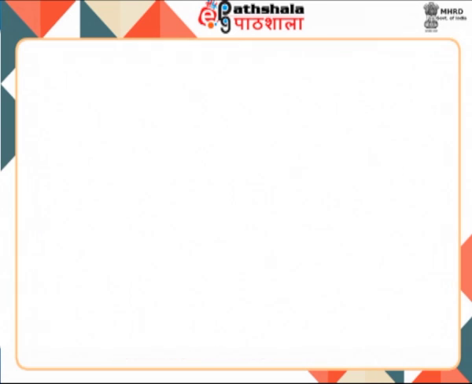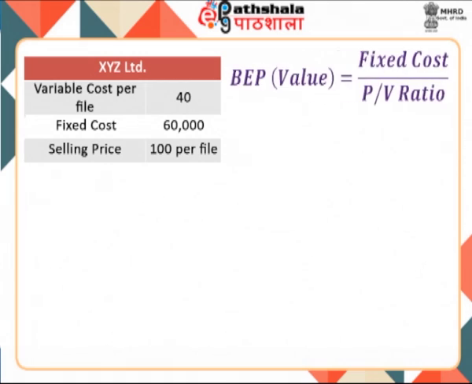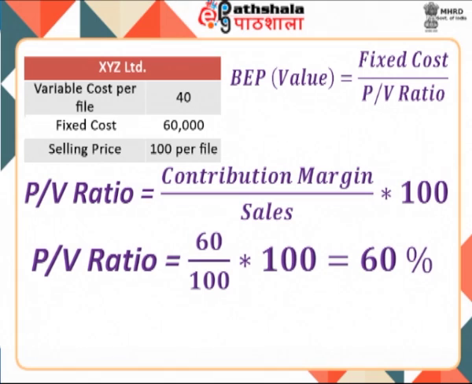Let us now compute the break-even point in value, that is in rupee terms. The formula for break-even point in value is break-even point is equal to total fixed cost divided by PV ratio, where PV ratio is equal to contribution per unit divided by selling price per unit, whole multiplied by 100, which is equal to 60 divided by 100, whole multiplied by 100, that comes out to be 60%.